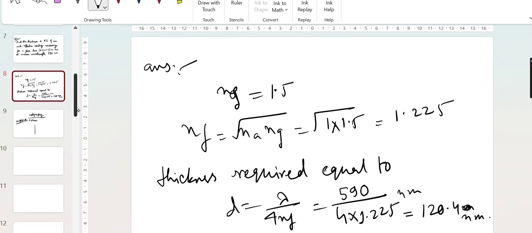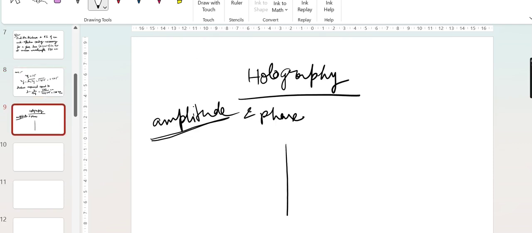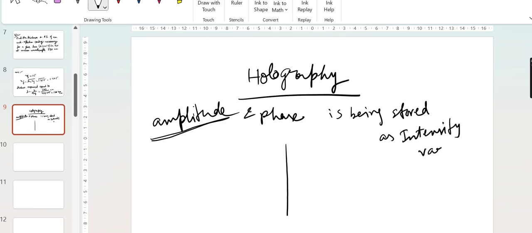So now we continue our discussion on holography. In holography, basically amplitude and phase information is being stored as intensity variation information.